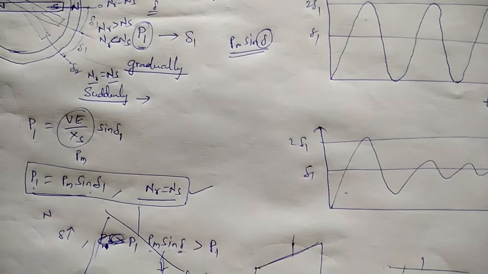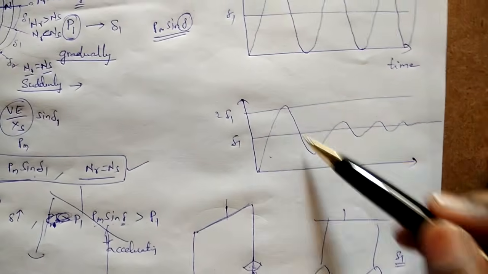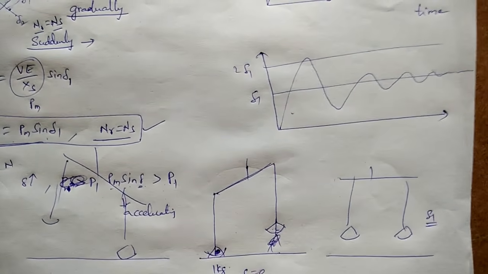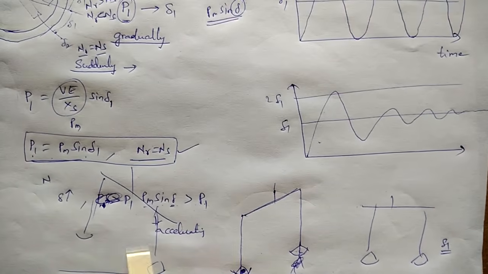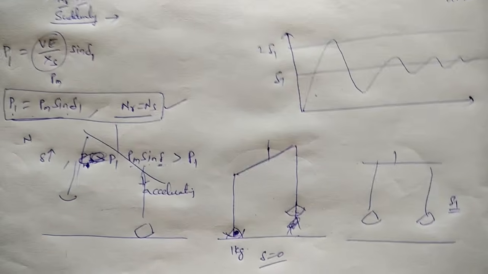Because of damping, it stabilizes. Generally in all physical systems, damping is inherent. So that's why the simple balance will come to the stable position finally.